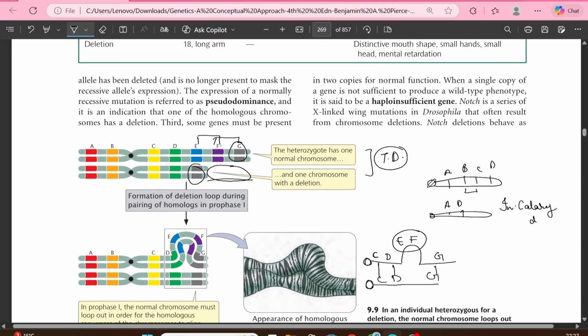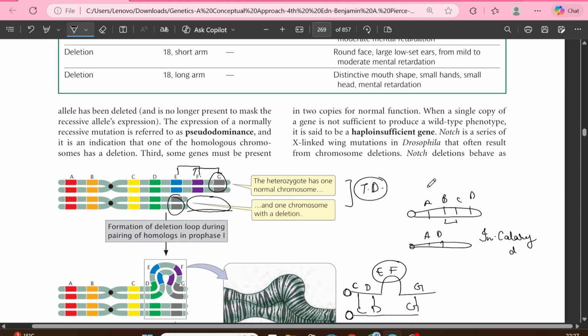Now we have to talk about the concept of haploinsufficiency. It is a condition where only one functional copy of the gene becomes insufficient to produce the required dosage of a product for development. Suppose we talk about a certain gene, a gene named A. We know that humans are diploid and contain two copies of the chromosome.